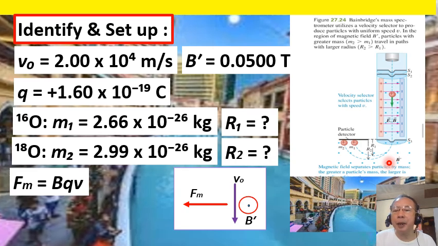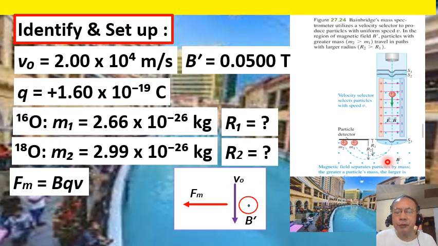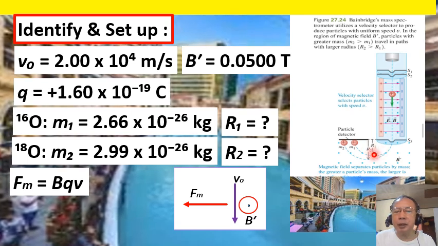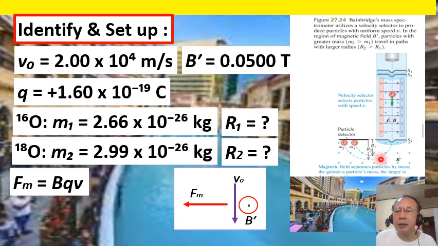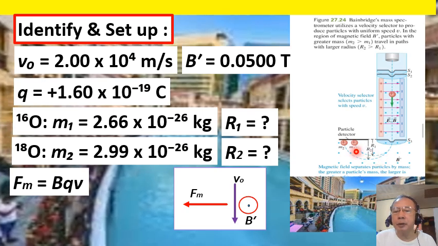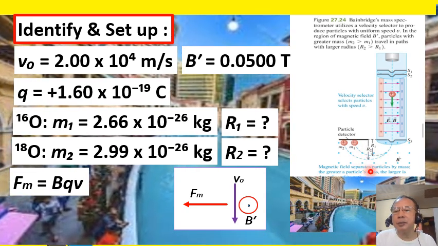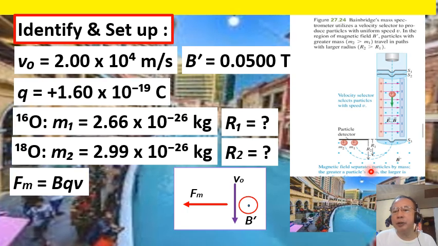And this can be verified by using the right hand slap rule. The right hand slap rule is a technique in determining the direction of the magnetic force.